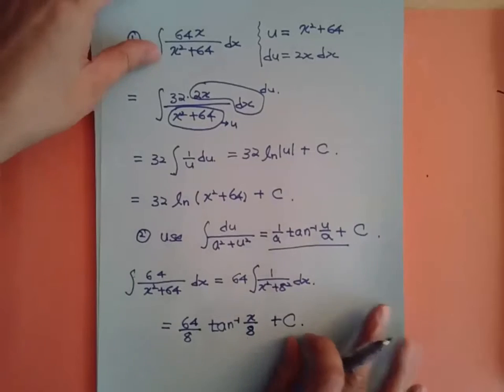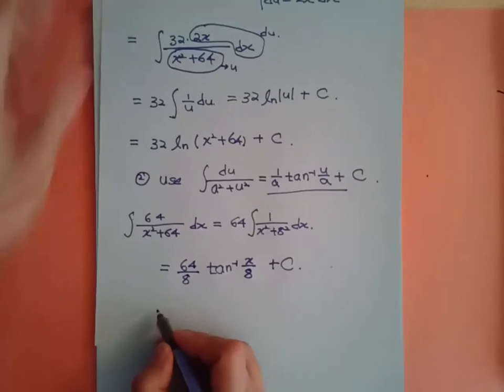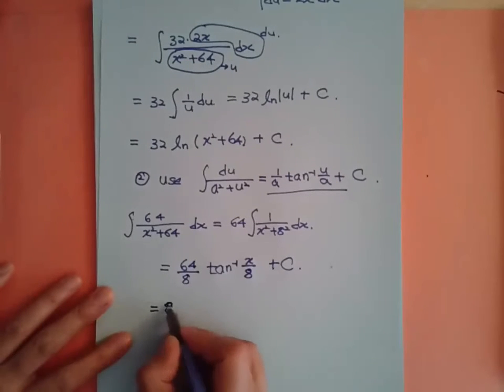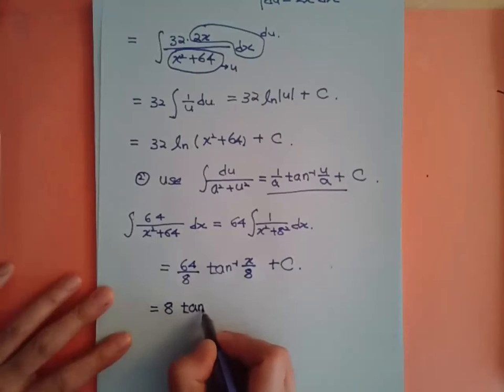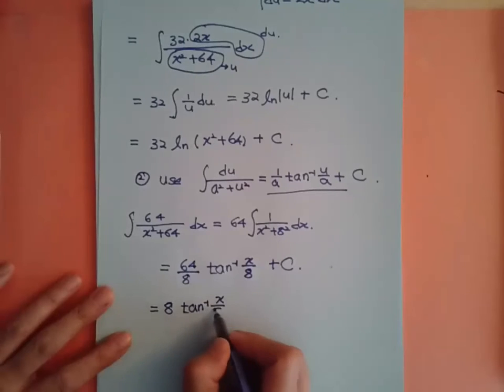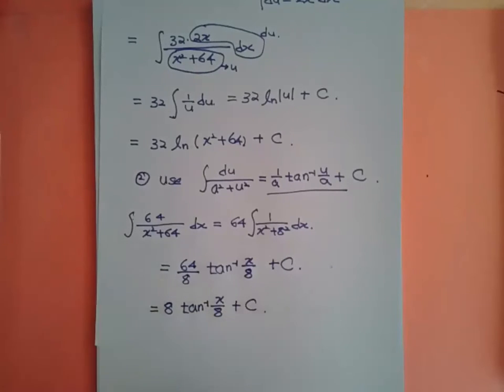When we simplify, that becomes 8 tangent inverse of x over 8 plus c.